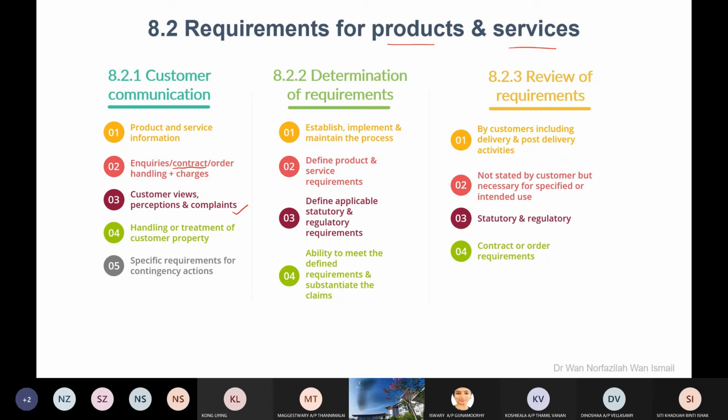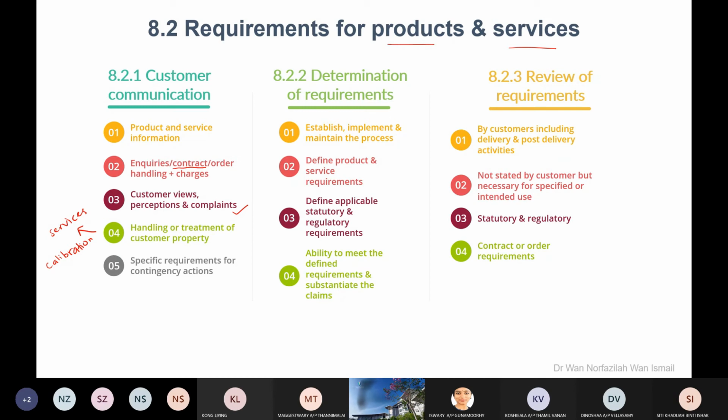And then handling or treatment of customer property. This one is usually for services. The common service where your laboratory handles customer property is a calibration lab, where your lab provides calibration for customer equipment.